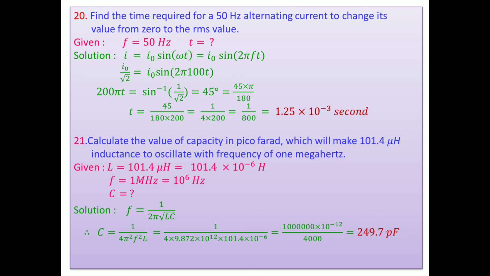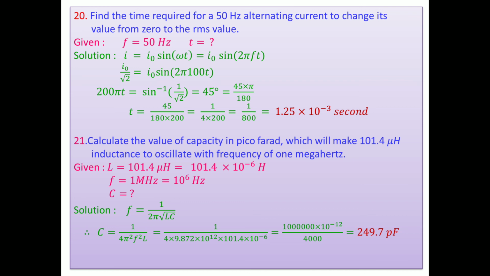Thereafter, 2 pi 100 t means 200 pi t, equal to the sine inverse term taken on that side. I naught gets cancelled and we get sine inverse of 1 upon root 2, which is 45 degree. Convert it into radian, 45 into pi upon 180.